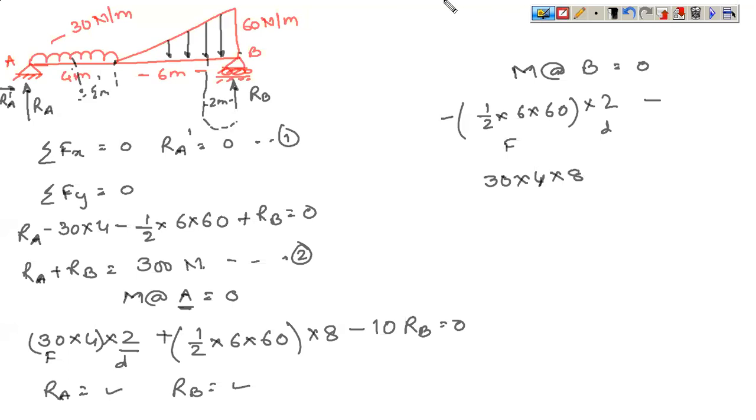Because the distances have to be calculated with respect to point B, not from any other point. So 30 into 4 is the total load and it is at a distance of 8 meters from B, plus 10 RA is equal to 0. Again, you can calculate the value of RA and RB.